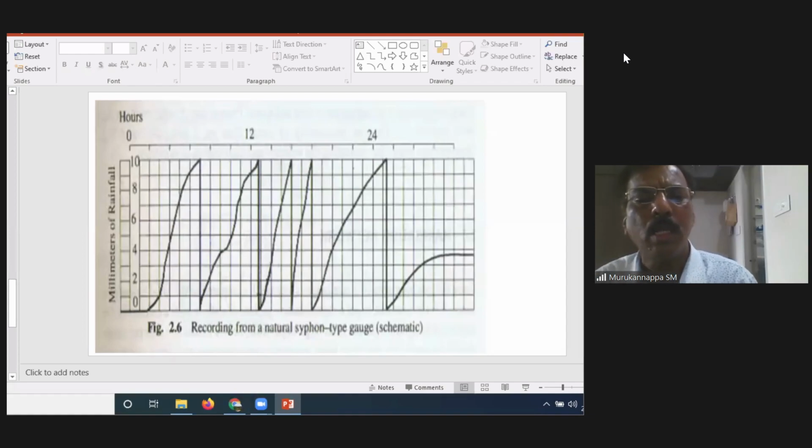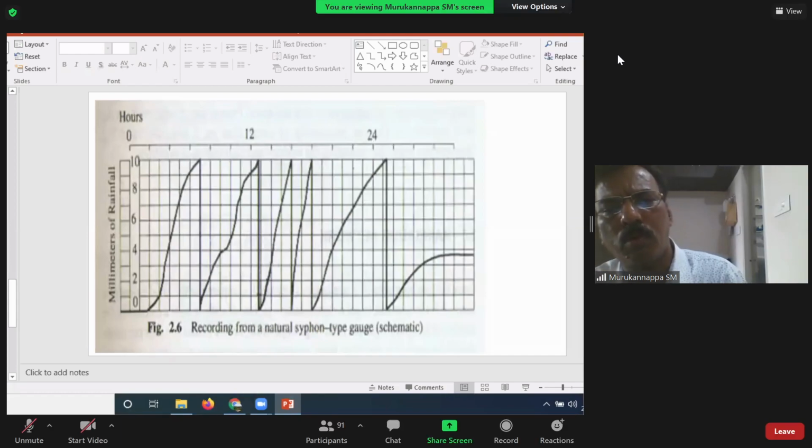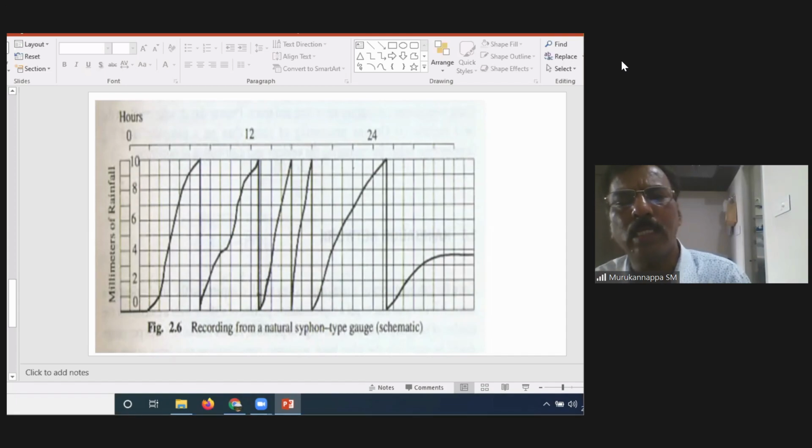That means after 10 mm the rainfall also continued. So in this way, what is the total amount? First peak, that is 10 mm, second 10, third 10, fourth 10, and fifth also 10. That is how much? 50. Is it 50?